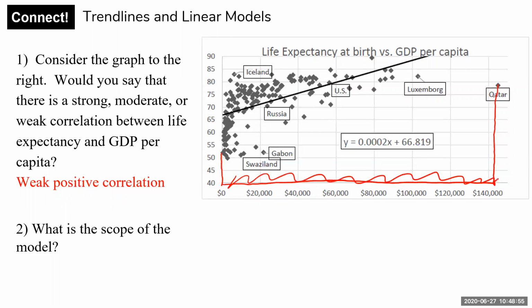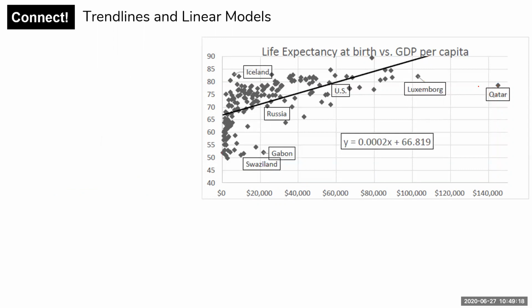So what would the scope of this model be? The scope is from $0 to 145,000, and that's the scope of our model. Be careful, don't trace it towards where the line ends, but look for the last dot versus the first dot.